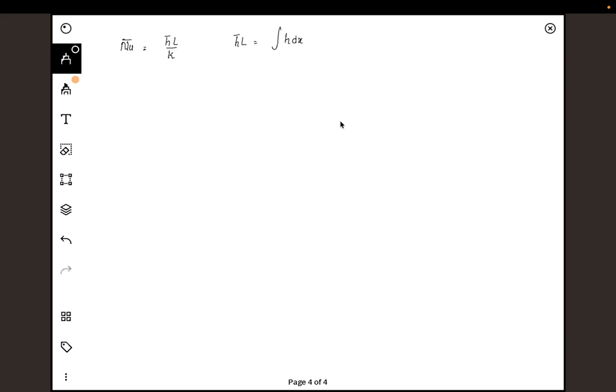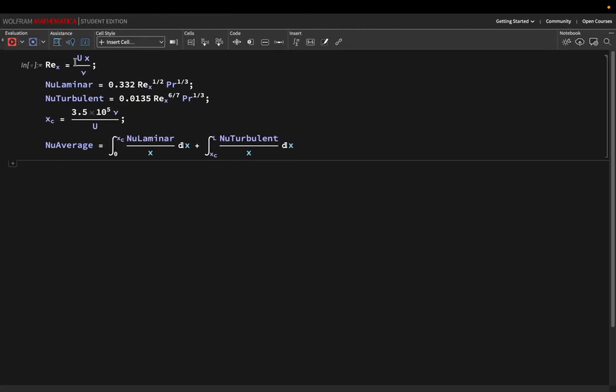Now we have the local Nusselt number defined again, so from this I can write h bar L as the integral of Nu x times k by x dx. If I divide by k, then Nu bar will be, so this is the equation I'm writing here.